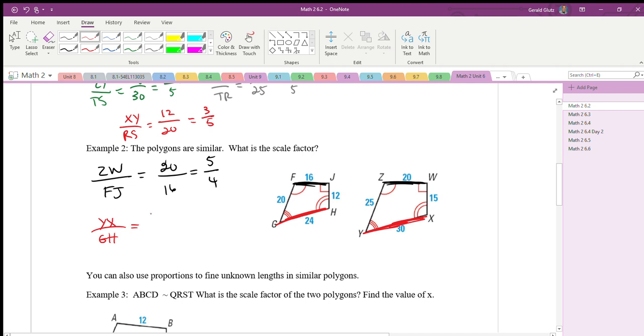YX was 30, GH was 24. I know that 6 goes into both of these numbers. 6 goes into 30 5 times, 6 goes into 24 4 times. So again, our proportion is 5/4. If I did that for each side, I would get 5/4. So the scale factor is 5/4. This is our answer.